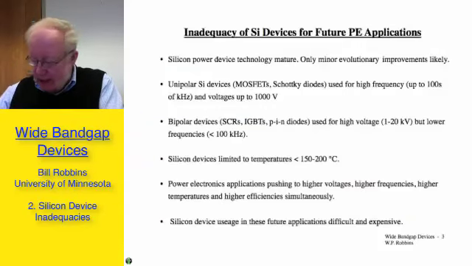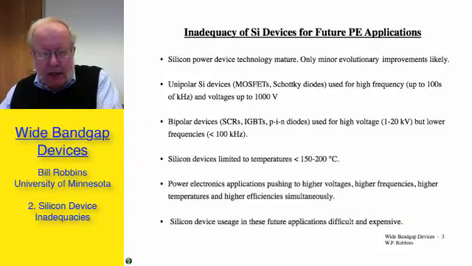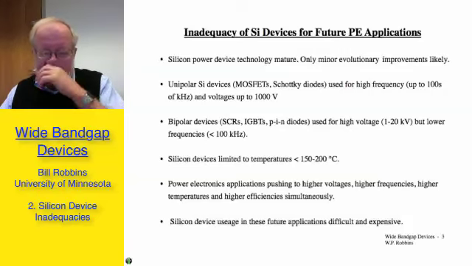Why are silicon devices inadequate? Basically, the silicon power technology is considered by many people to be fairly mature. We can probably expect only evolutionary improvements in the future. Unipolar silicon devices, MOSFETs, Schottky diodes, are used for high frequencies up to hundreds of kilohertz and even megahertz, and voltages to 1,000 volts.